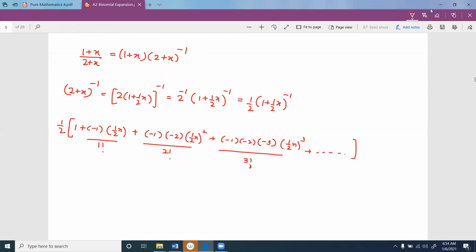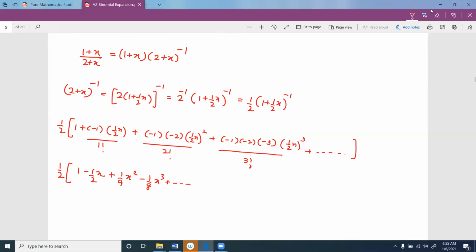So this is half. You can say this is 1 minus 1 over 2x. Then this turns into plus, and if you simplify, the 2 gets cancelled, and it turns into 1 over 4x squared. Then this turns into minus 1 over 8x to the power 3.